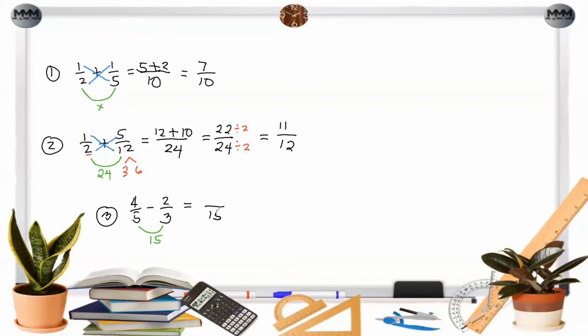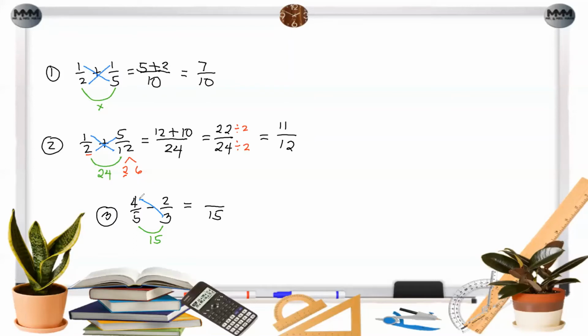This is 15. Now take note, when subtracting two fractions, hindi dapat pwedeng magkabaliktad yung pagmumultiply natin. So we need to start here first, 4 times 3. Bakit? Kasi pag inuna mo to, magkakamali ka. Your answer will be wrong.